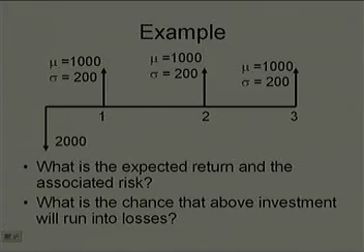Mu is nothing but the expected value of return. My expected value of return at the end of year 1 is 1000. Similarly, at the end of year 2 it is also 1000, and at the end of year 3 it is also 1000, and the corresponding standard deviation is 200.